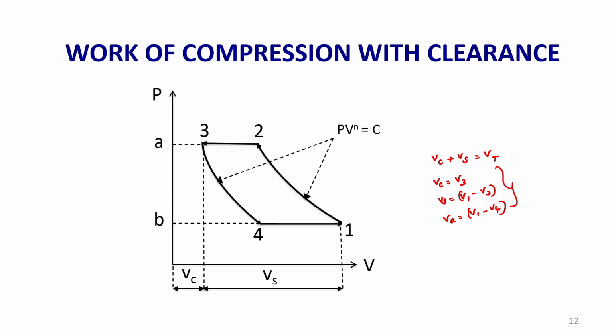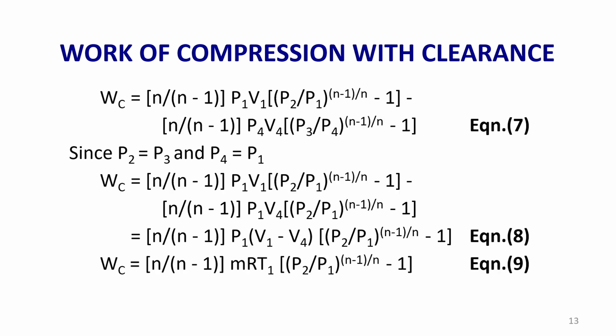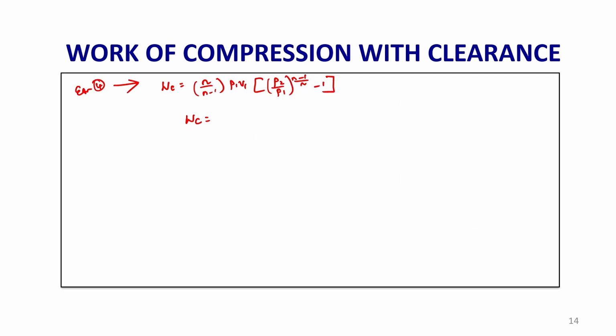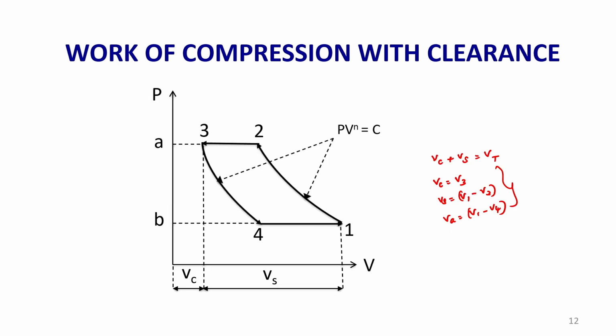Okay. So, this total minus this portion will give the area under the curve. A similar equation I will write: n by n minus 1 into P1 V1 into P2 by P1 whole power n minus 1 by n minus 1, minus, that is for this curve I have written 1 2 A B 1, minus this process.